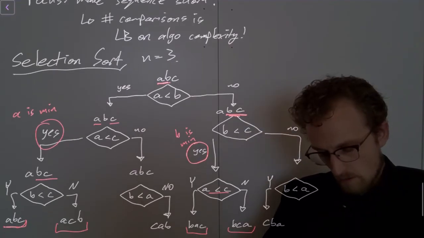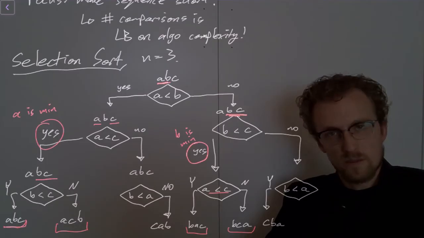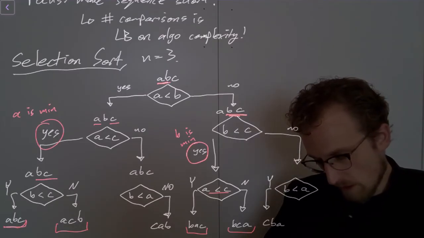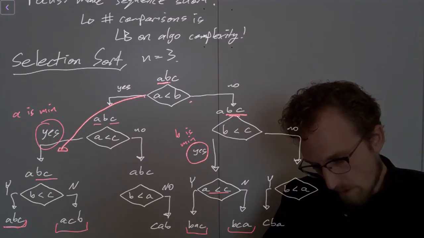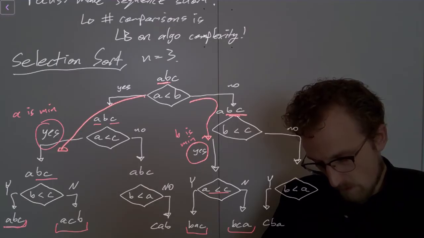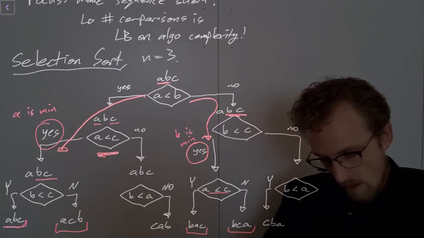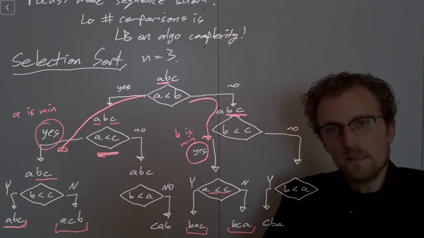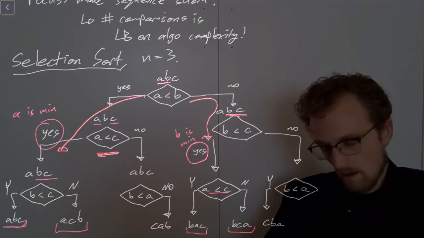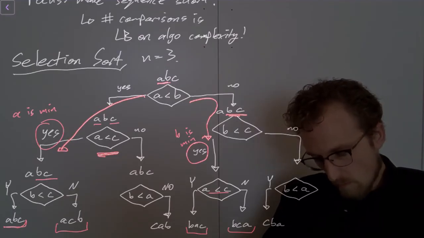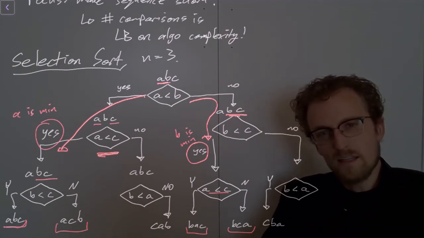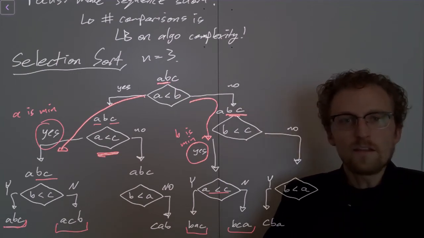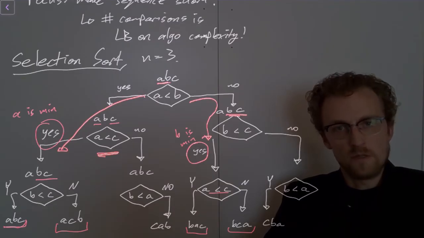Okay. So now let's think about these two branches that I haven't explored yet. So far we've looked at this branch, and we've looked at this branch, but what about this one? What if we're here and we identify that C is less than A? Well, what do we know at this point? We know that A is less than B, and so if C is less than A, that tells us that C is the smallest element in the array.